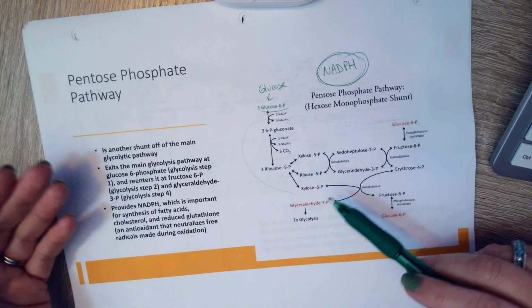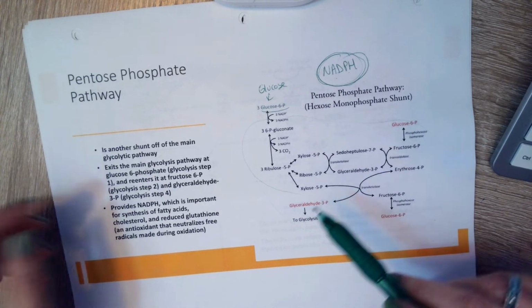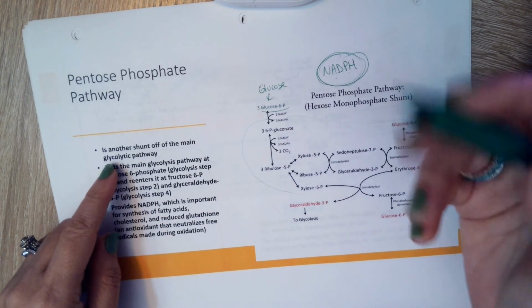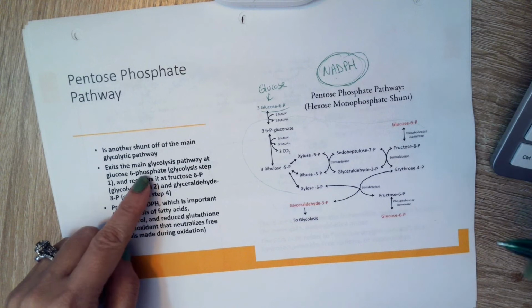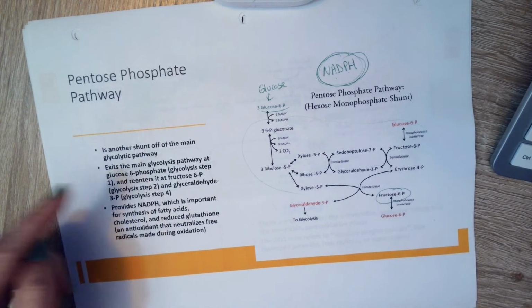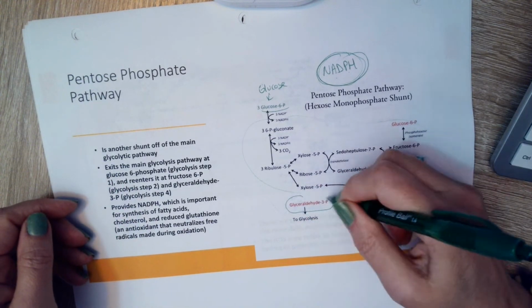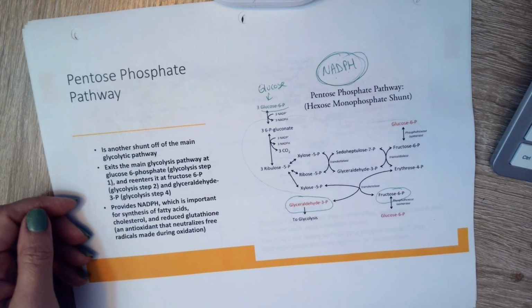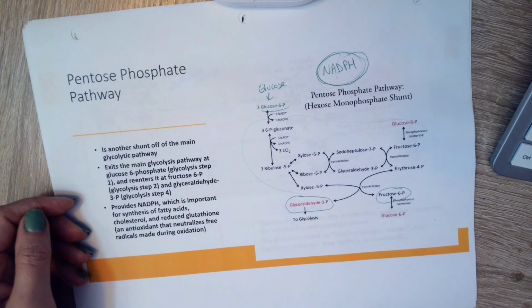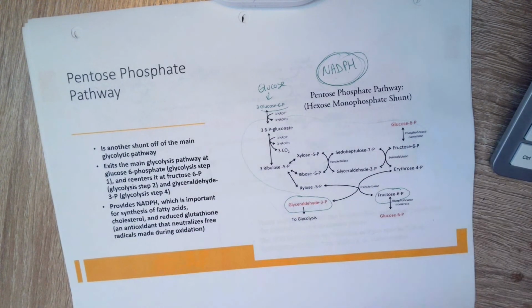Now where this shunt re-enters the glycolysis pathway is in two places: at the fructose 6-phosphate, or when we get into the glyceraldehyde 3-phosphate farther down, just step 4 in glycolysis. So it's got two places where it can re-enter glycolysis.